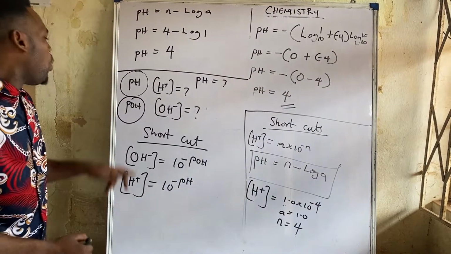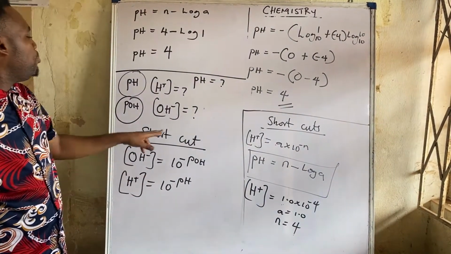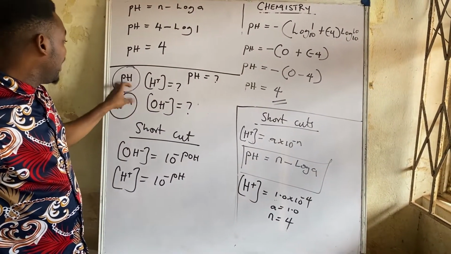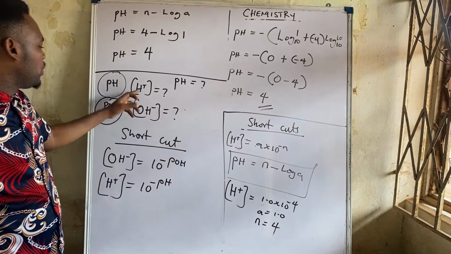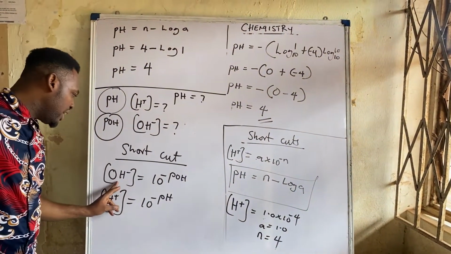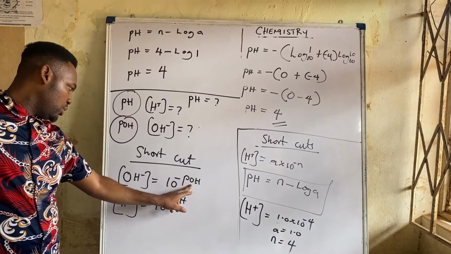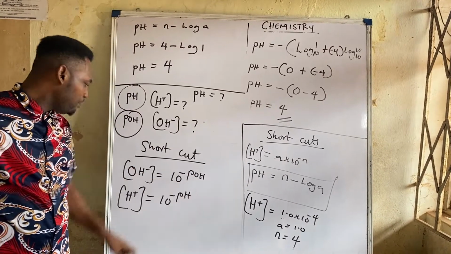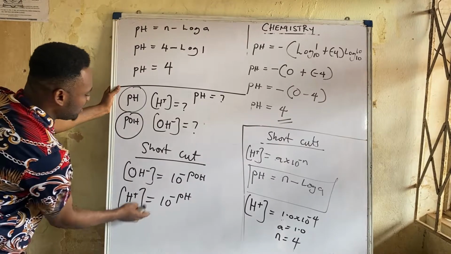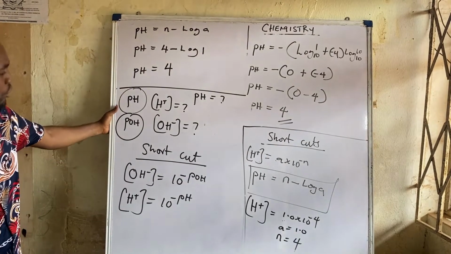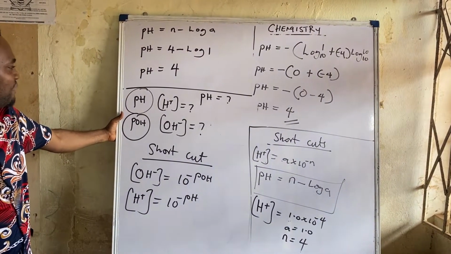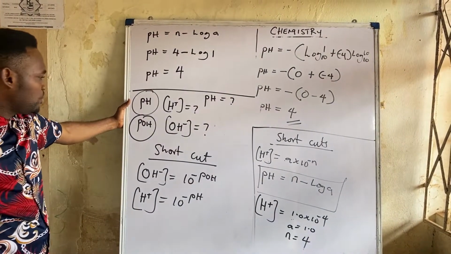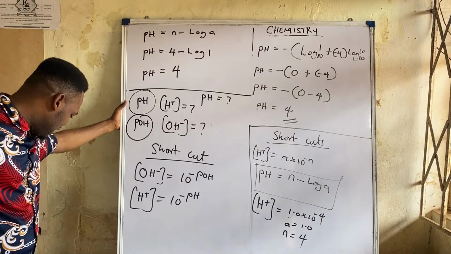So when the examiner gives us pOH or pH and asks us to get either of these two, if we have the pOH, 10 raised to the power minus pOH will give us OH minus. This relationship is very, very important. It is a formula by way of shortcut that gives us our answer faster. Do well to pause the video and take down these two formulas before we solve another question.